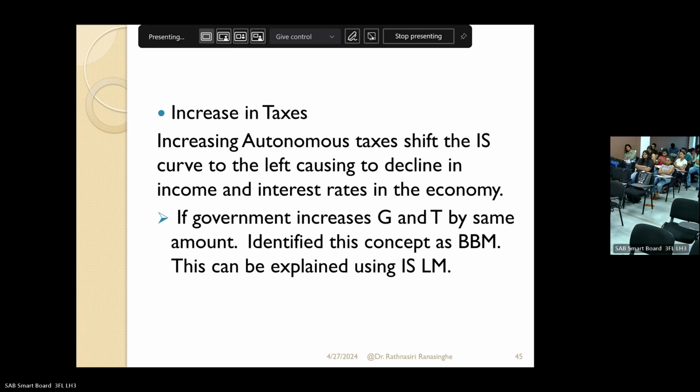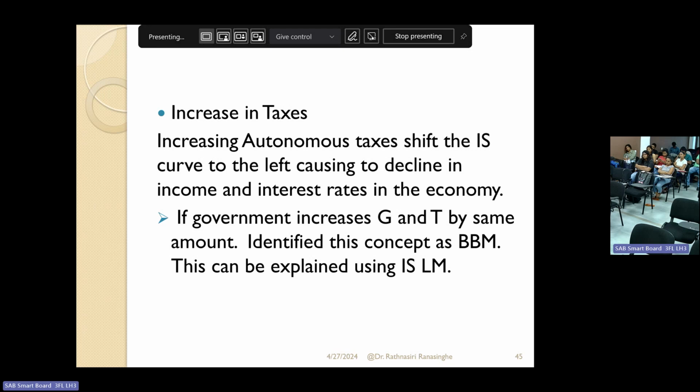Here in this IS-LM model, what are the variables we can take? We can take government expenditure, taxes, money stock, and the price level. So if there's a rise in the taxes, say taxes increase from T0 to T1, that shifts the IS curve to the left.